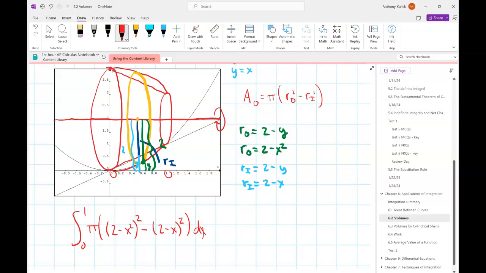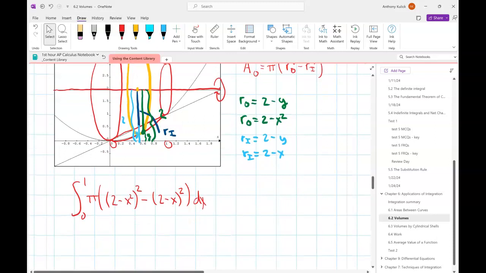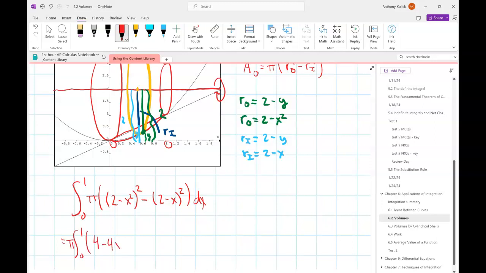Couple of options here. You could do a u substitution, but I think it's probably just going to be simpler to FOIL this stuff out. I don't think that's going to be too bad. But if you wanted to distribute your integral and then do a u substitution there, that would probably be okay.